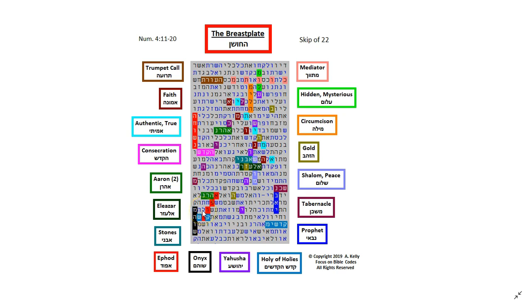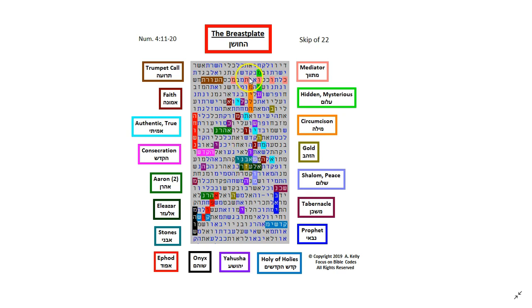And then who was it that used this breastplate? Well, the first high priest was Aaron. And he's here in the green, and here in the green, and that's in the plain text of Scripture. And his son was Eleazar, and he's here in the plain text.